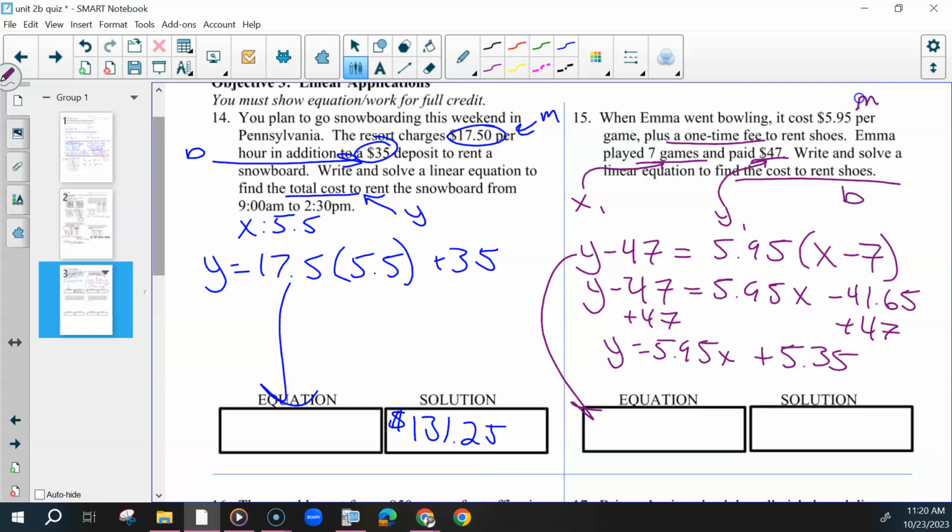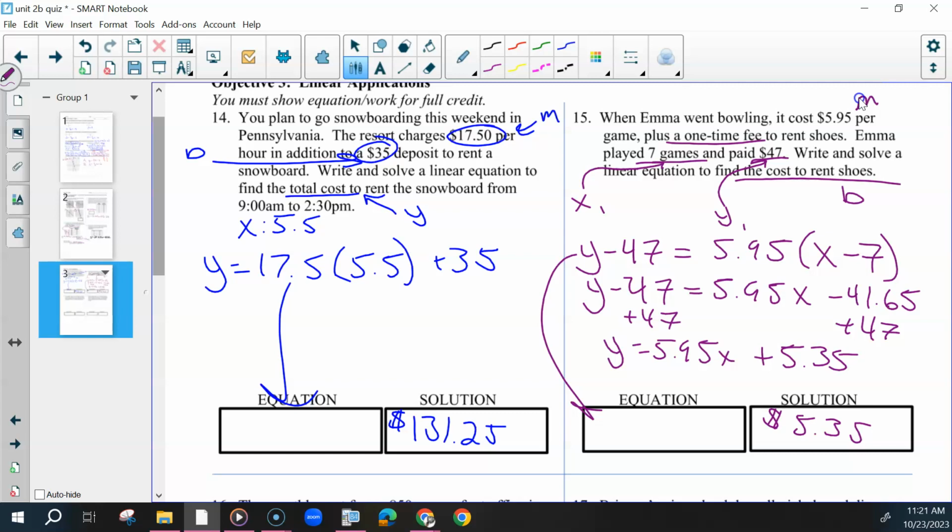And this would have been your solution from after you solved it. So that one was 4 points. Did you label your variables? Did you get your equation? Did you solve it correctly and get the correct answer? Questions on that one?